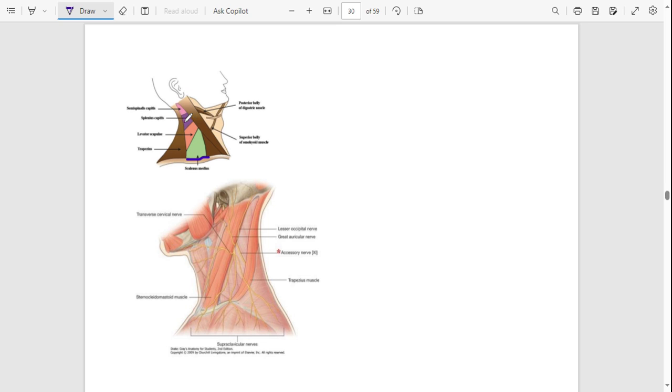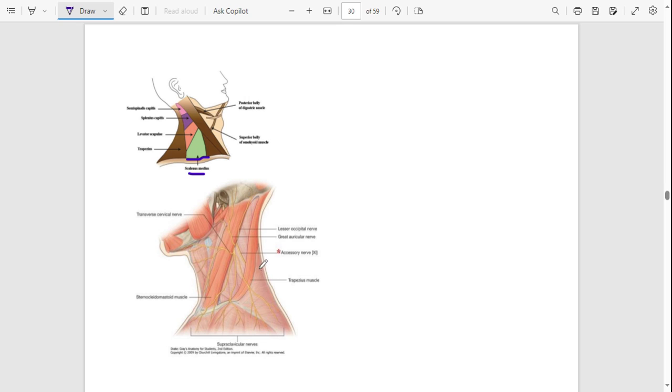The muscle below it is the splenius capitis, and then you have got the levator scapulae, and then you have got now the scalene medius. The scalenes are going to be the three. You are going to have the medius, the posterior, and the anterior.